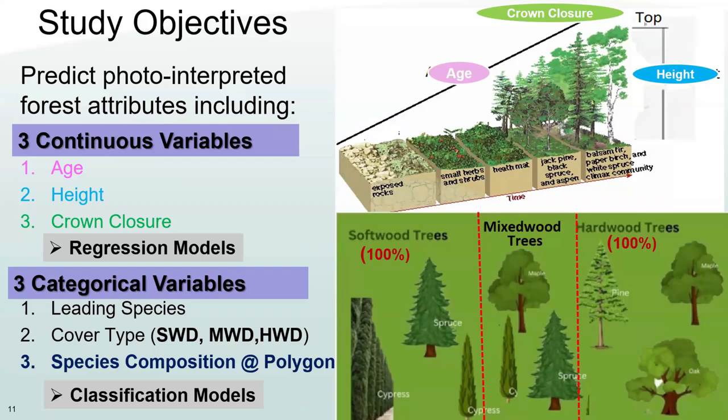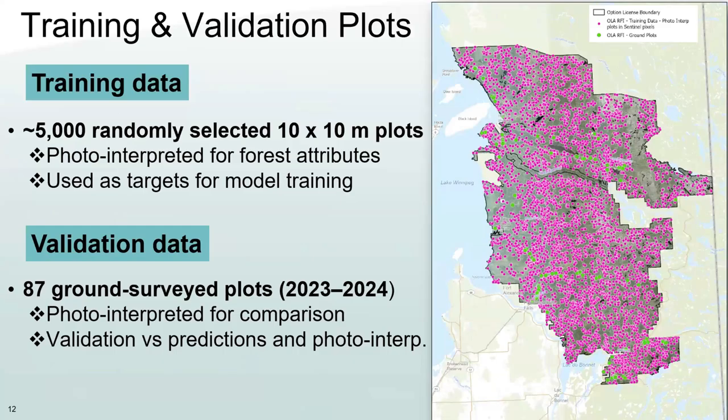For the study objectives, we wanted to predict three continuous variables, age, height, and crown closure, using regression models, and also estimate some categorical variables: leading species, cover type, softwood, hardwood, and mixed wood, and then species composition as well. For training data, we had about 5,000 randomly selected photo interp plots. These were plots photo interpreted from stereo imagery, used for training and testing the model.